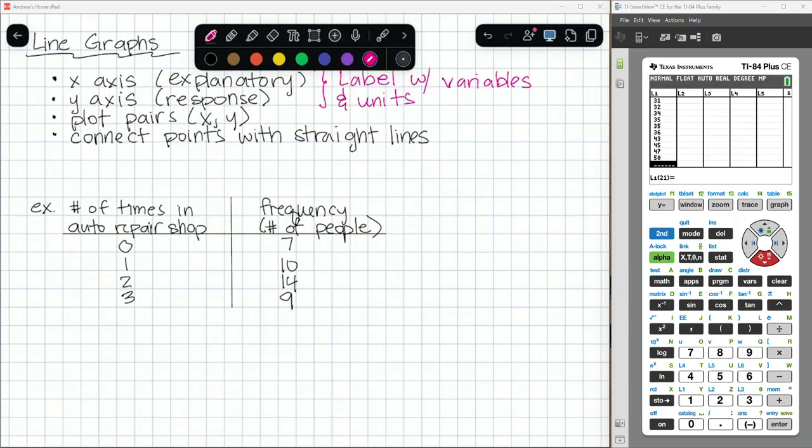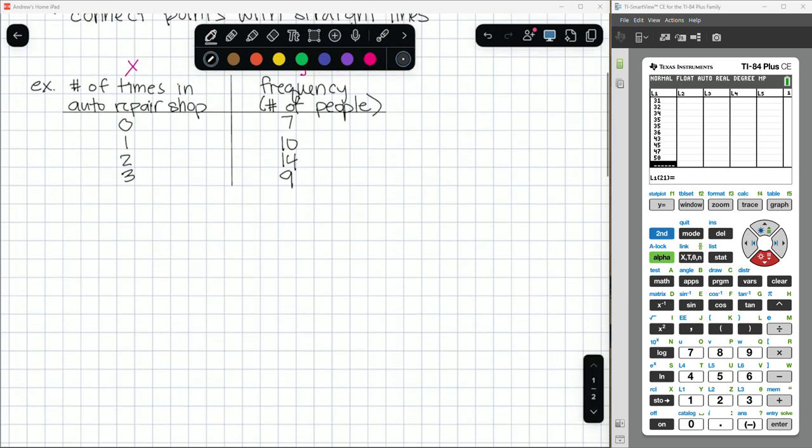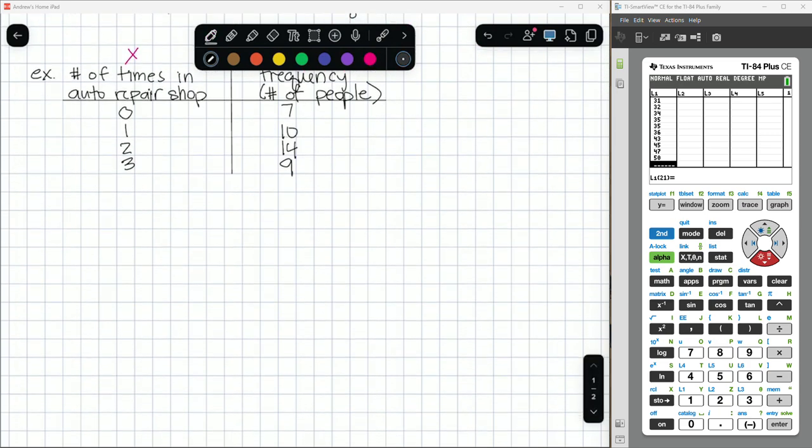I want to represent this in graph form. So first column is x, second column is y. I'm going to set up my axes. And I notice as I'm setting them up, in the x column, I'm just counting from 0 to 3. I don't have to go very far. In the y column, I'm going all the way up to a max of 14.